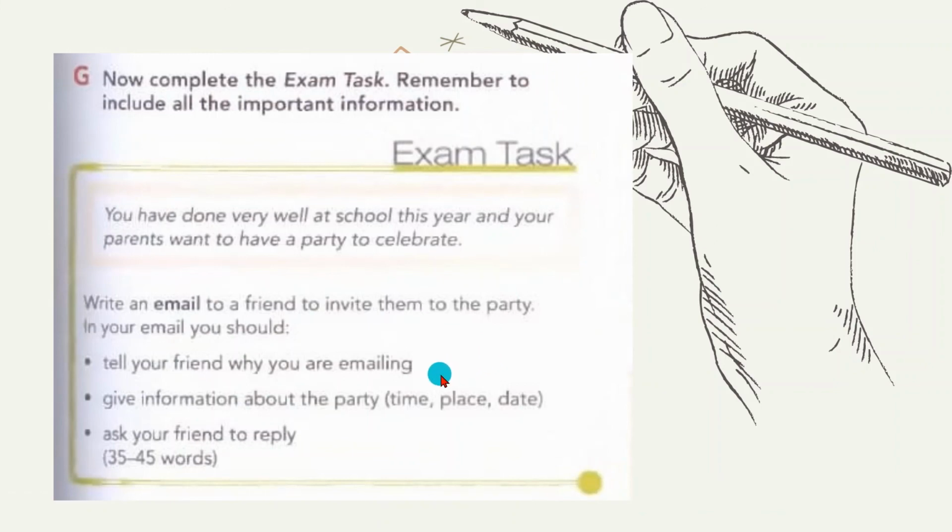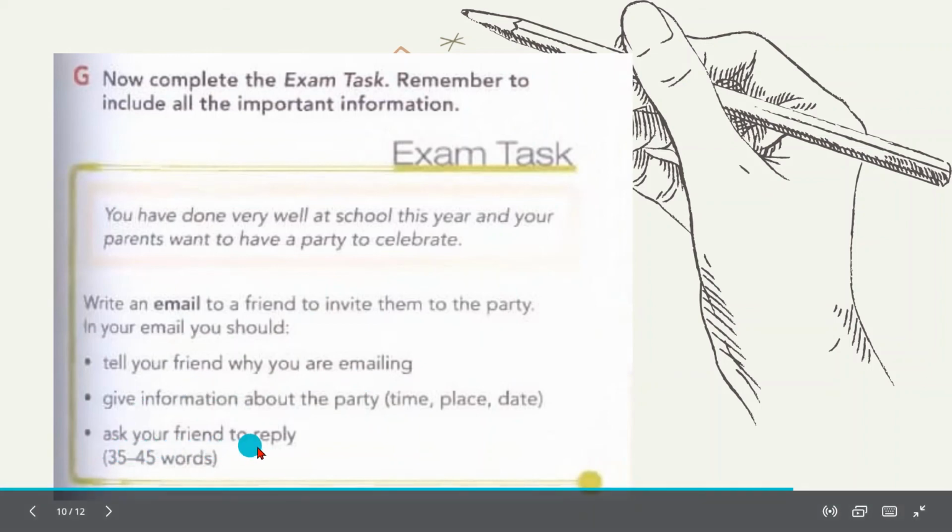Instead of saying, please come to my house, we are going to have the party next week, why don't you choose a place that is a bit unlikely, or maybe you can say, I'm going to have a party at a very exclusive hotel, something like that. And then you have to ask your friend to reply whether they accept or they decline your invitation.